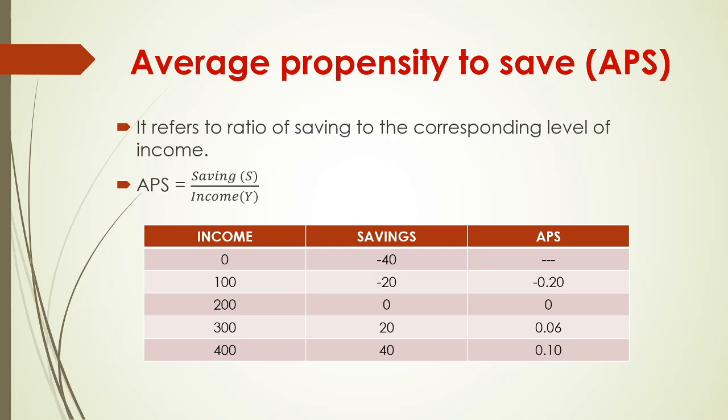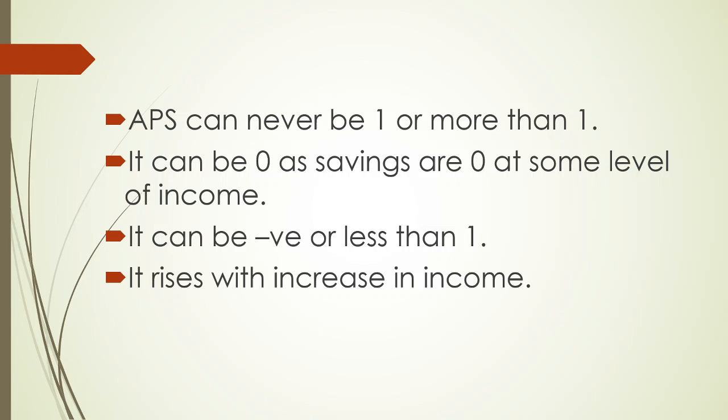We can obtain APS by dividing saving by income, S by Y. So three columns are there. First column shows income, second column shows saving, and the last column is APS, which we have got by dividing saving by income.